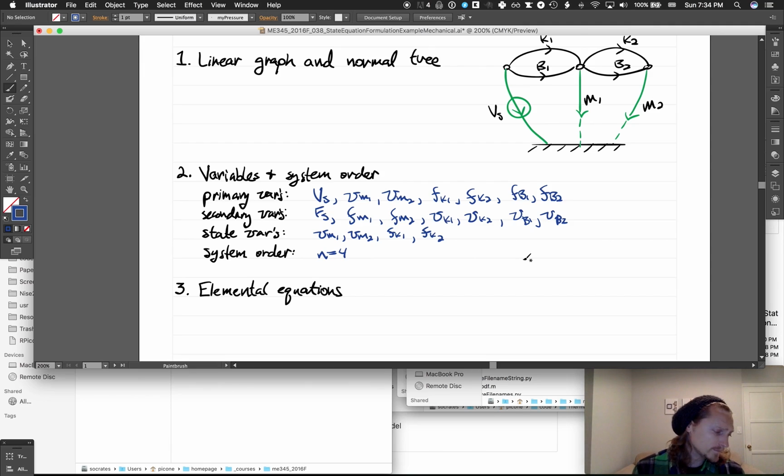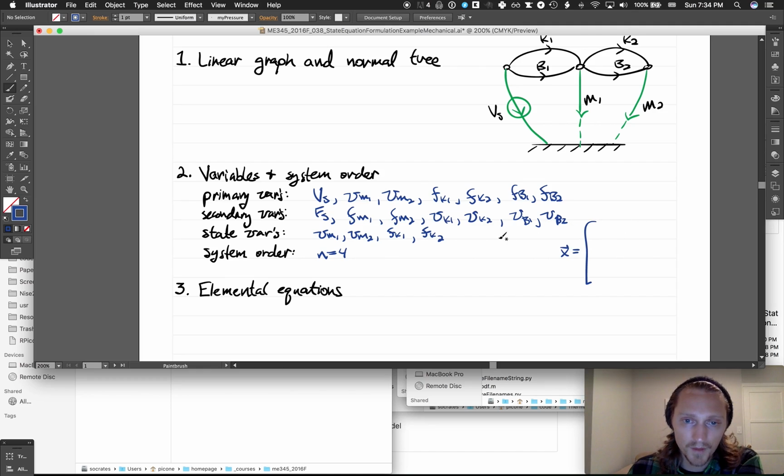So I guess before we move on, it would be good for us to write our state vector, which we can do at this point because we know our state variables. Remember when we say state vector, we really mean the vector valued function x.